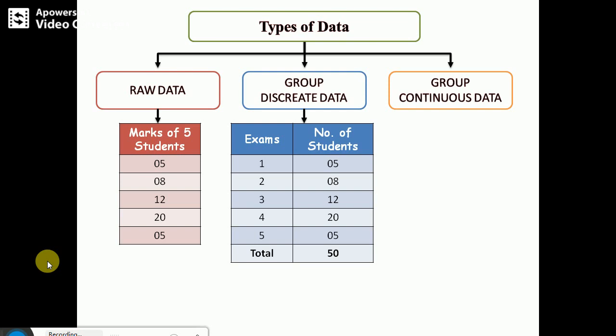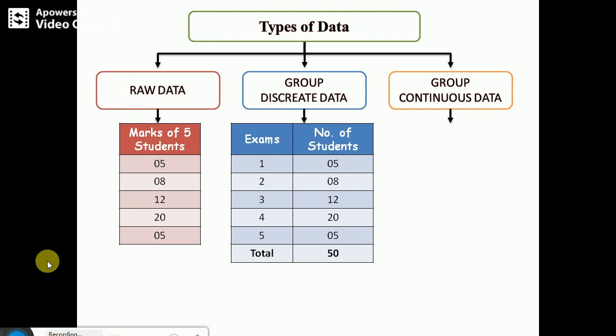There are 5 students who have attempted only one exam, 8 students who have attempted 2 exams, 12 students have attempted 3 exams, 20 students have attempted 4 exams, and only 5 students have attempted all the 5 exams. In total there are 50 students. This is how group discrete data is represented, where we have two things: the actual data, that is the number of exams held, and the frequency, that is the number of students.